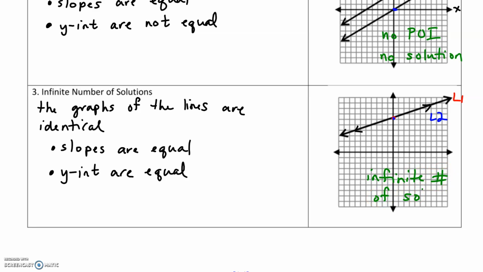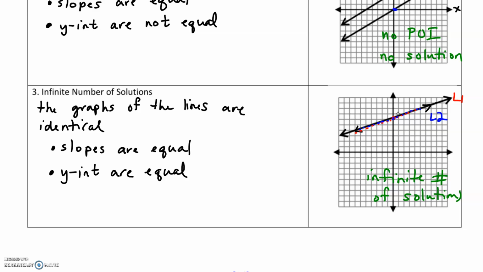So infinite number of solutions means all of these points are shared by both line 1 and line 2. Okay, they're all shared.